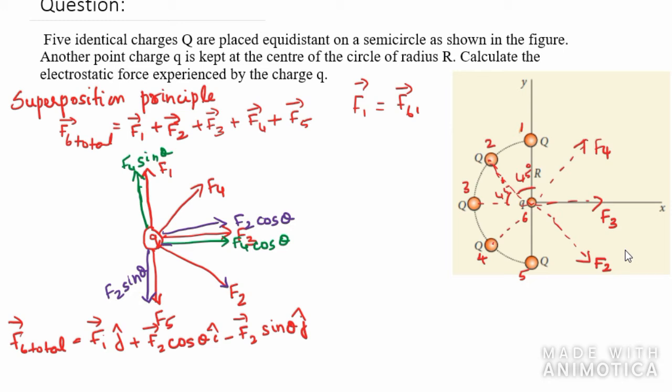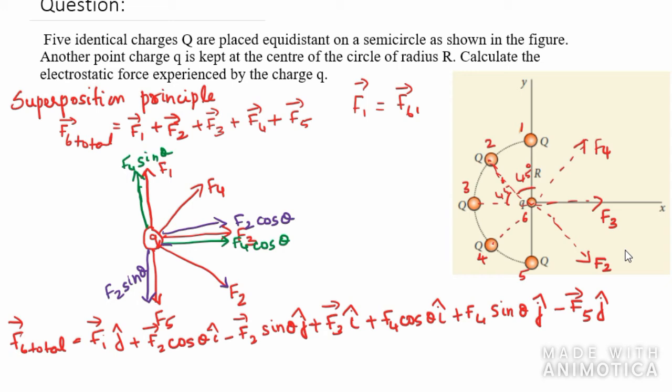Then F3 is in the plus direction, so F3 I cap. You have to be careful in writing the sign. Then F4: F4 cos theta I cap plus, and plus F4 sin theta J cap. Then F5 is minus F5 J cap.